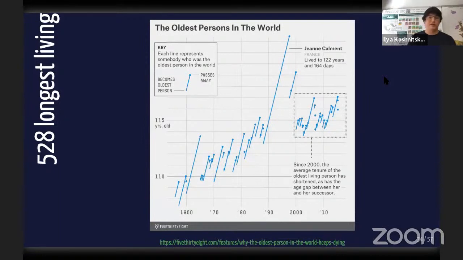is coming from 538. So this plot visualizes the oldest people in the world. Each line starts when the person becomes the oldest living in the world, and it ends with a dot when the person dies. So the longest line is Jeanne Calment, the lady who lived 122.5 years.